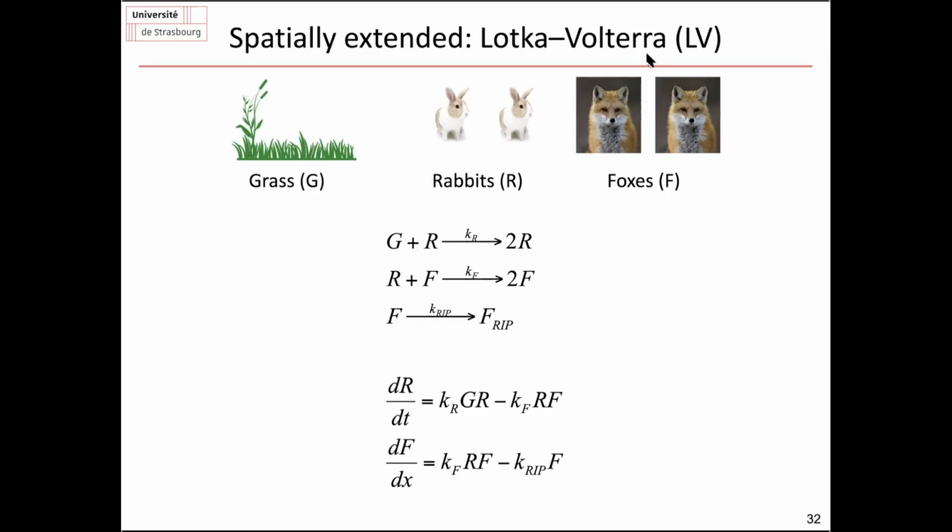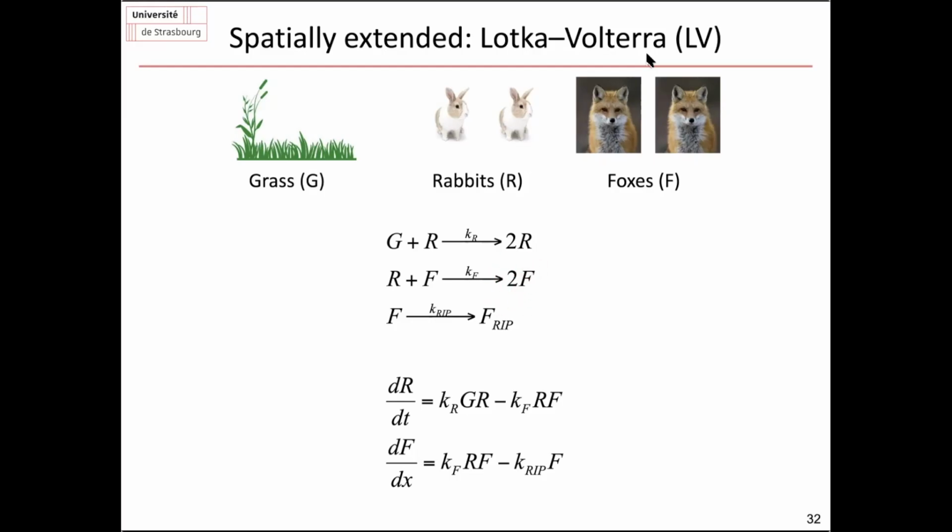So dr/dt, right, so rabbits are being produced here. So we have kr times g times r, right? And we have rabbits that disappear in the second step. So minus kf times r times f. And for the foxes, we can also write that. So foxes appear net here.